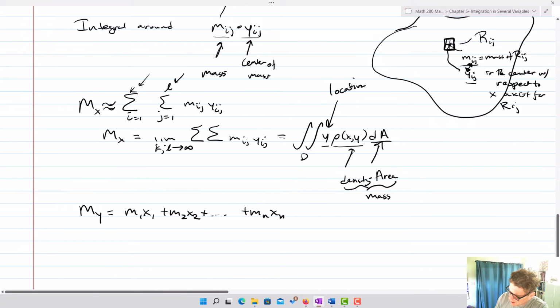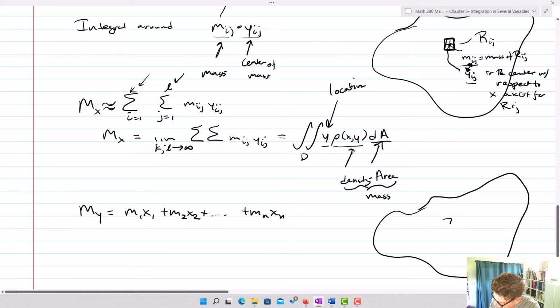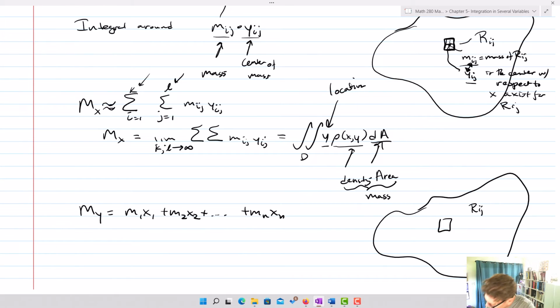But now what we're imagining is that we've got this lamina, our rectangle Rij. It's got a mass, Mij, which is equal to rho of xi star, yi star, whatever it is, times this area, delta x delta y, and we'll get into that later.